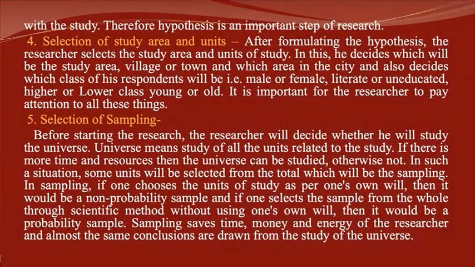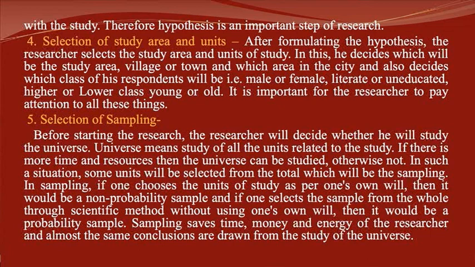After selection of area and units, we will select the sampling. Before starting the research, the researcher will decide whether he will study the universe. Universe means study of all the units related to the study. If there is more time and resources, then the universe can be studied, otherwise not.